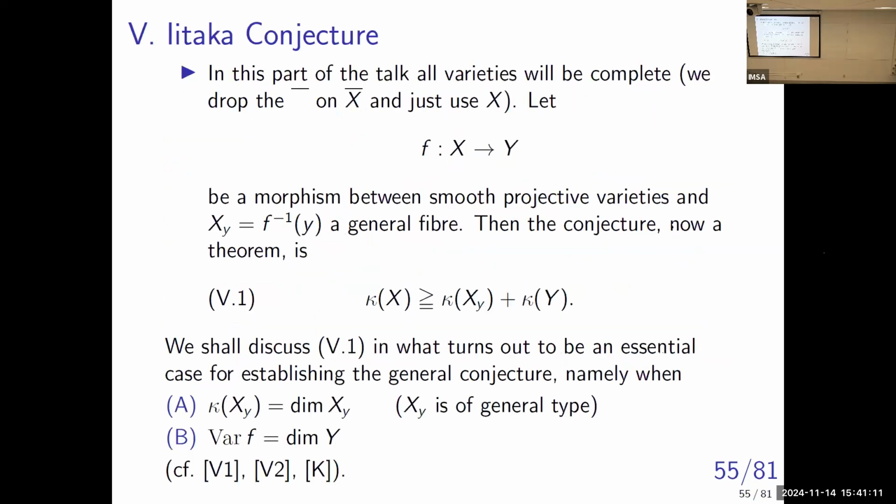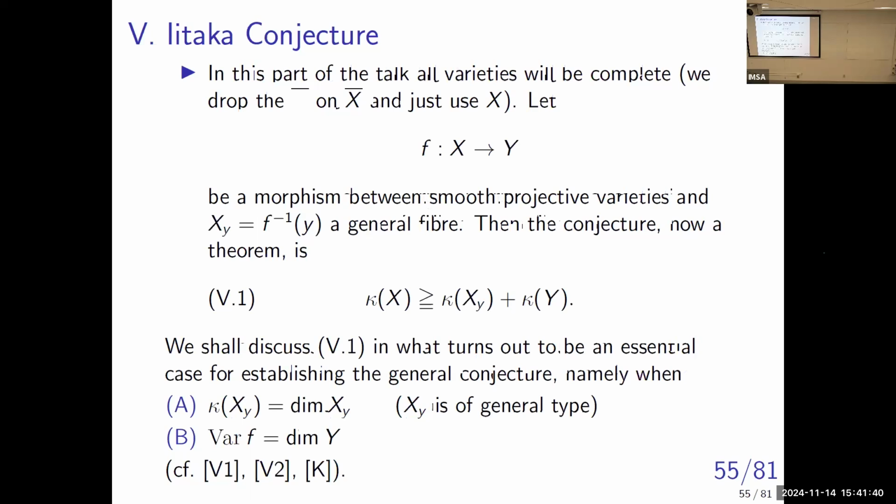I'd like to close discussing the Iitaka conjecture, which brings in a new aspect of the curvature of Hodge bundles. So in this part of the talk, the varieties will all be complete. I'll drop the X bar. You have a mapping between complete, smooth, projective varieties, and you look at a general fiber.